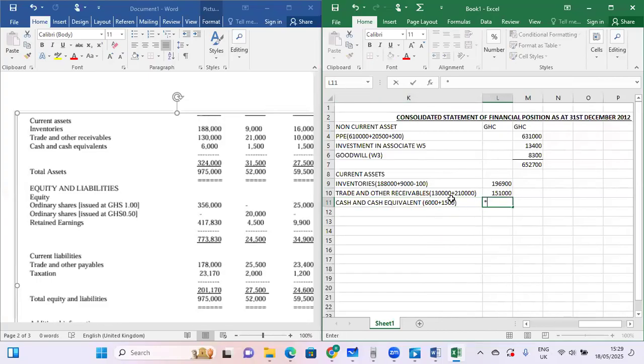So this one is going to be equal to 6,000, sorry, plus 1,500, which is this. That's all here. All right. So equal to sum.